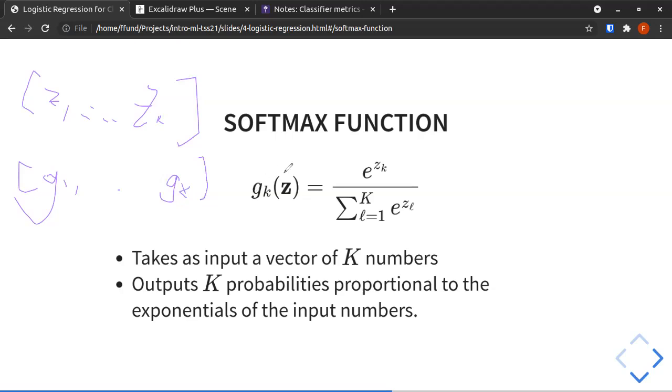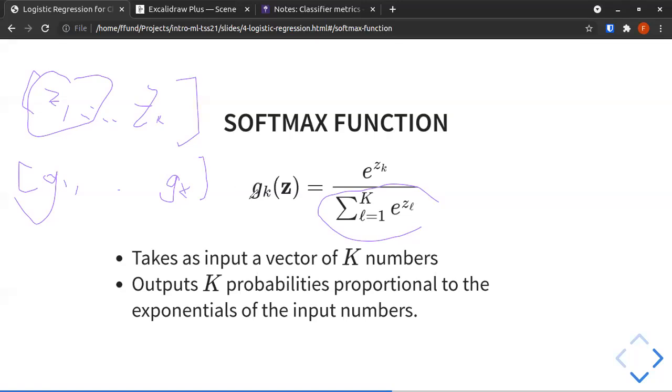So g sub k is going to be equal to e to the z_k divided by the sum of all the e to the z's. So I'm going to compute the sum of e to the z for each of these z's. And then each of my entries in my G vector is going to be equal to, let's say, e to the z1 over that sum, then e to the z2 over that sum, and so on, all the way up to e to the zk over the sum.